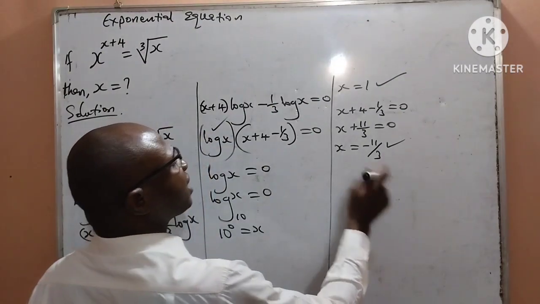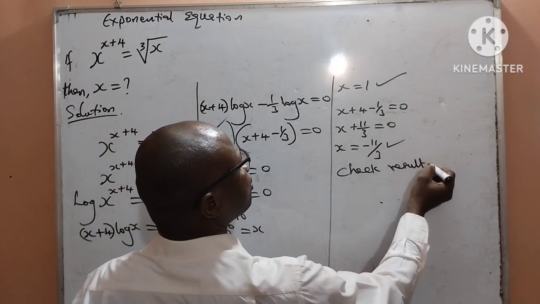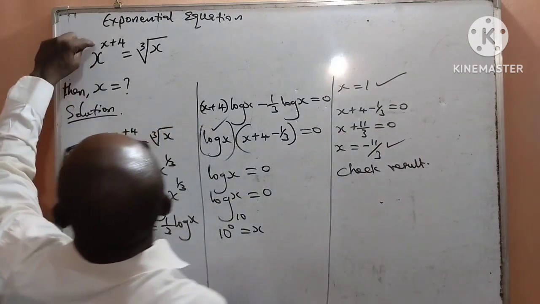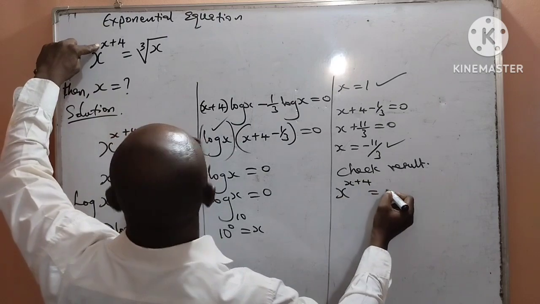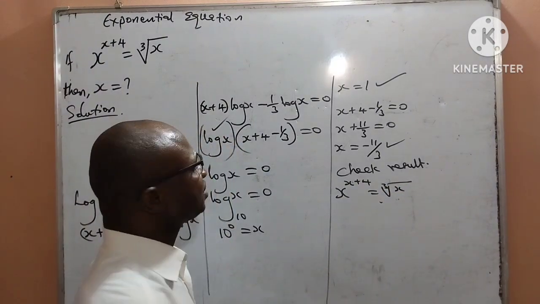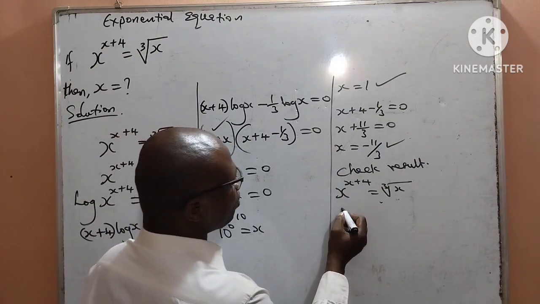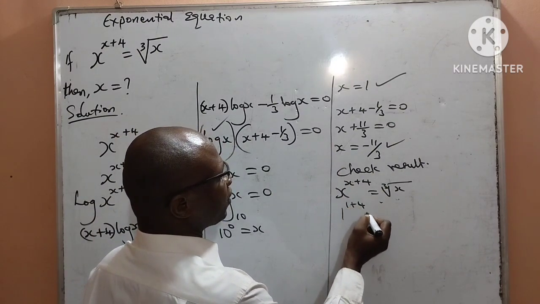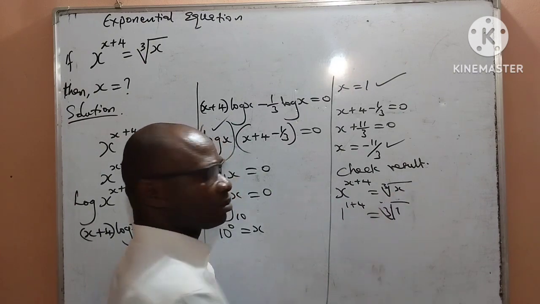Let us check. Check result, making use of x equal to 1. From x raised to the power x plus 4 equal to the cube root of x, substituting the value of x to be equal to 1, that means 1 raised to the power 1 plus 4 is equal to the cube root of 1.